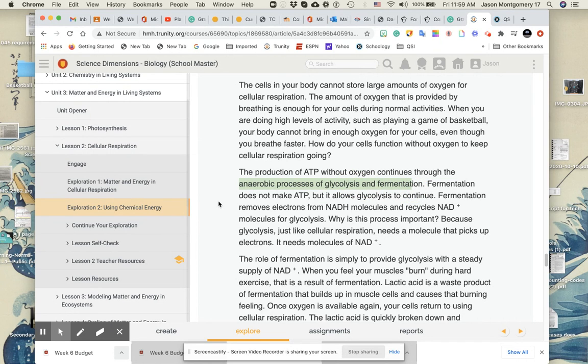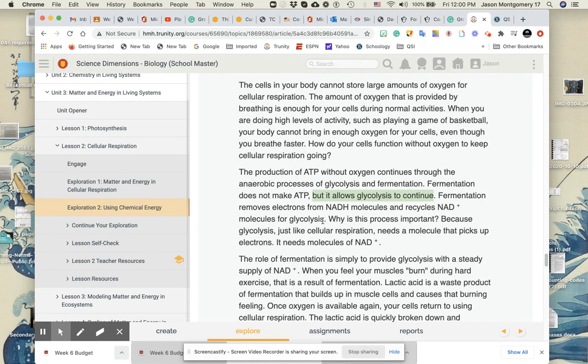Fermentation does not make ATP, but it allows glycolysis to continue. Maybe that's a test question. Fermentation moves electrons from NADH molecules and recycles NAD+ molecules for glycolysis.